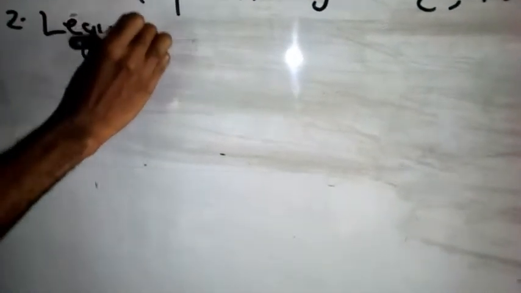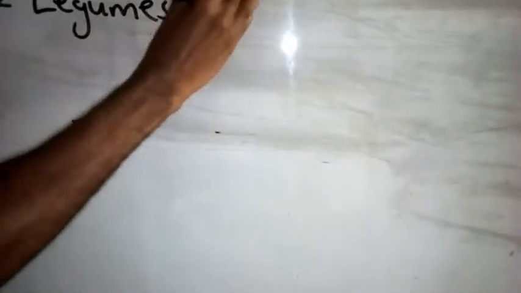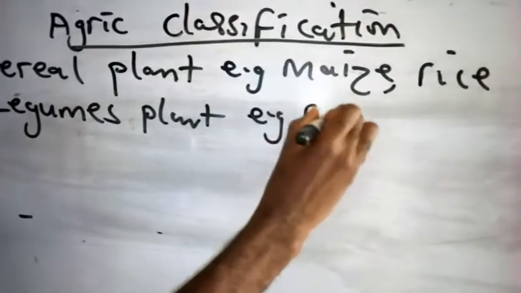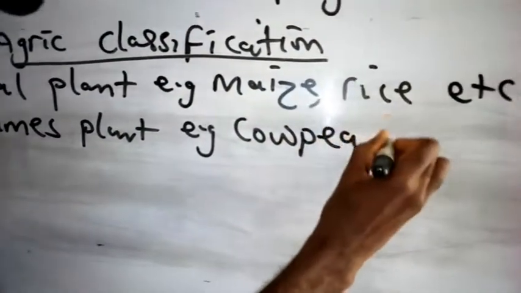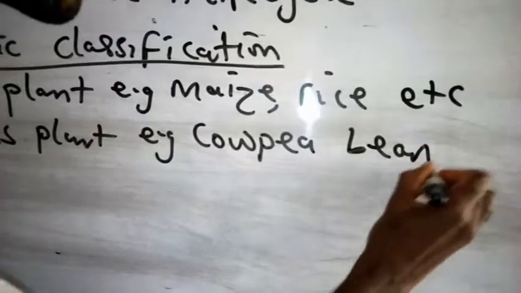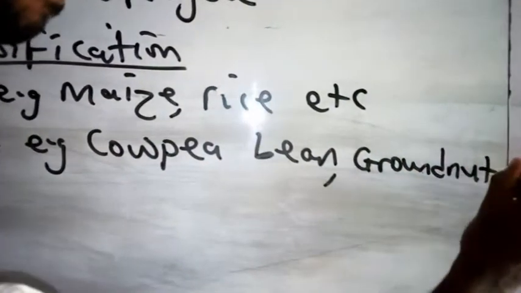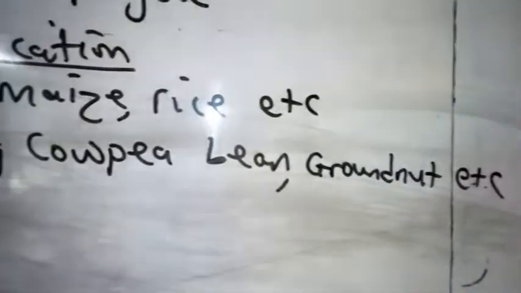We have legumes, they are classified as legumes, legume plants. An example of legume plants are the cowpea, where we have the beans, we have the groundnuts, etc.